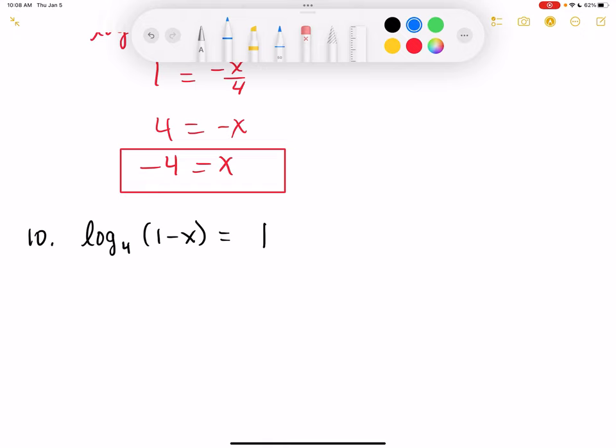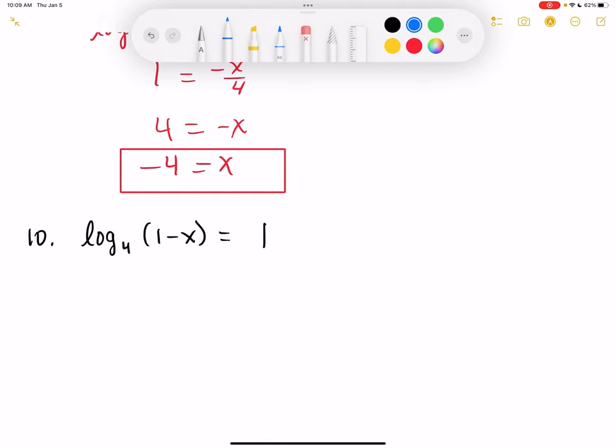Okay, how do I solve this? I have a log, so what would I need to do to solve it? Put it in your calculator. But there's a variable, so what's the problem? I can't put that in my calculator, because what did we discover yesterday?